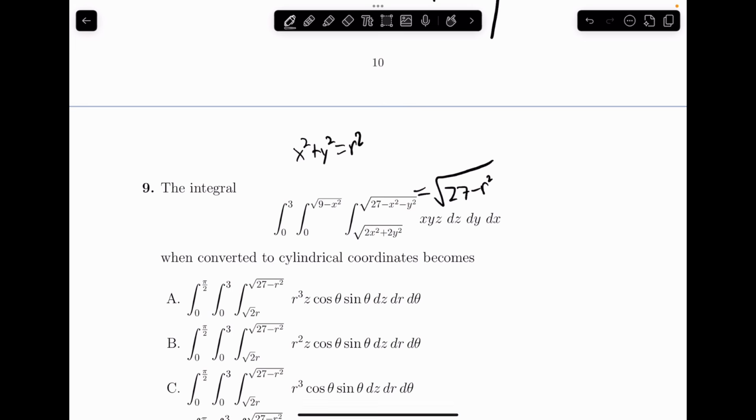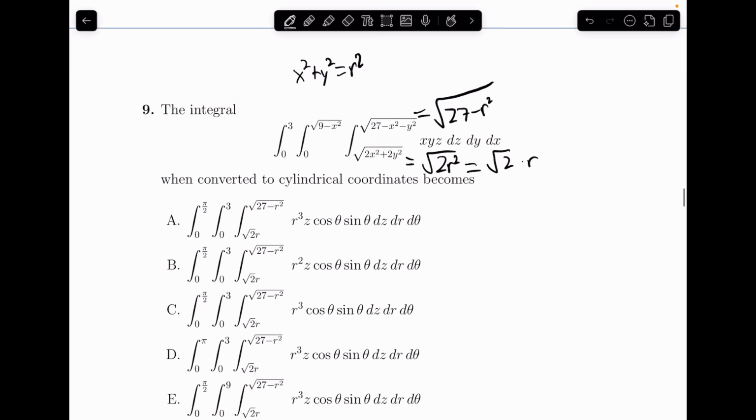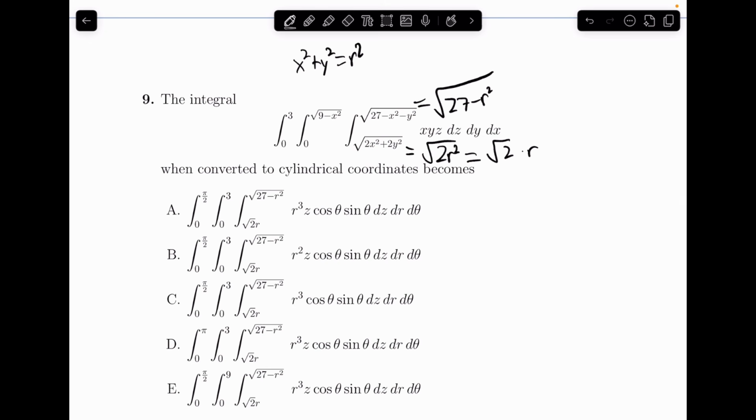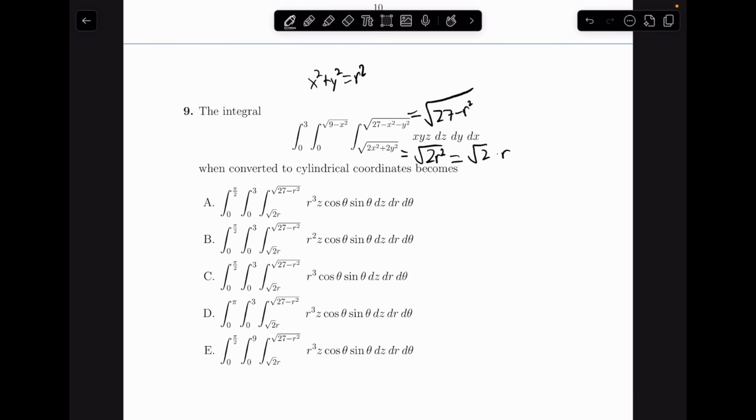And we can do the same thing for the bottom bound and get square root of 2r squared, which is also equal to square root of 2 times r. Hopefully that eliminates some answer choices, but it does not, so that's a little unfortunate. Okay, it's all good.